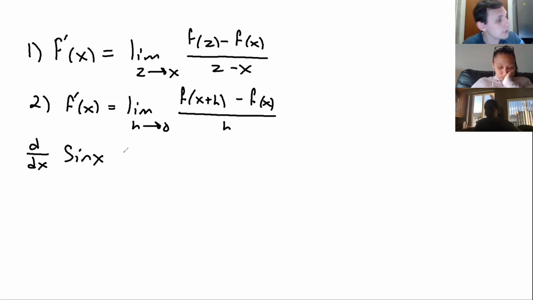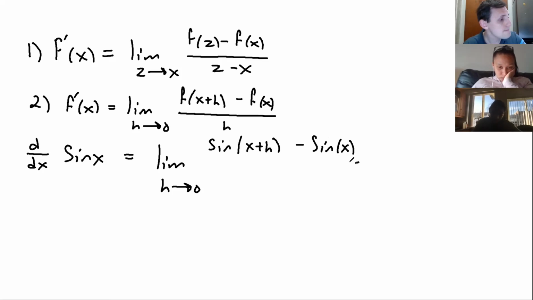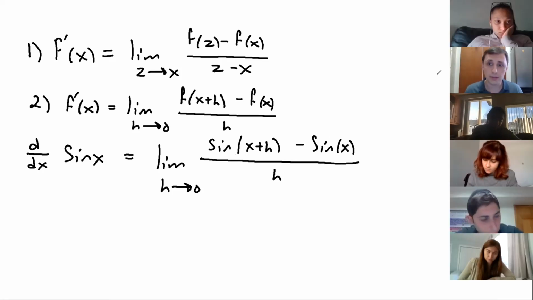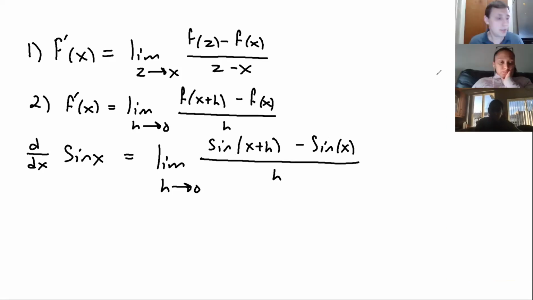The derivative of sine x is the limit as h goes to 0 of sine of x plus h minus sine x, divided by h. Whereupon we can apply the sum of angles formula. So what is sine of x plus h?